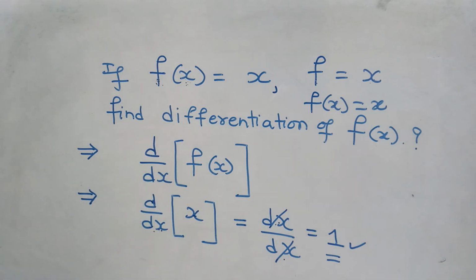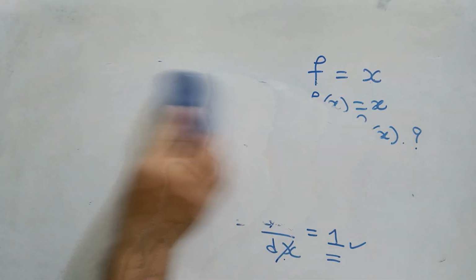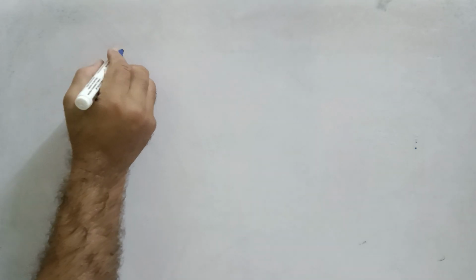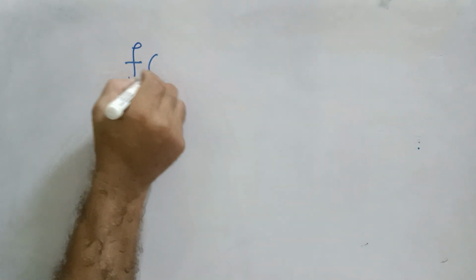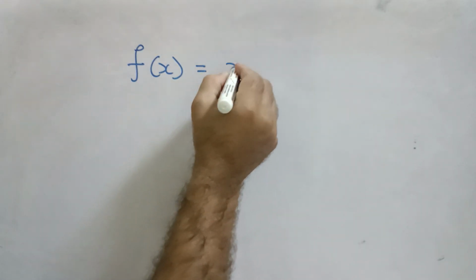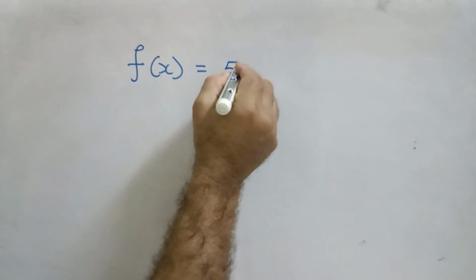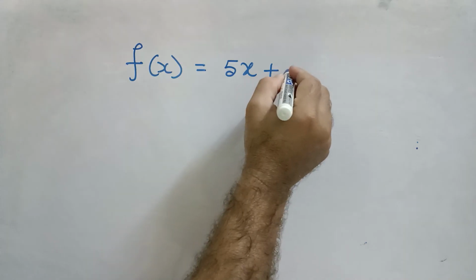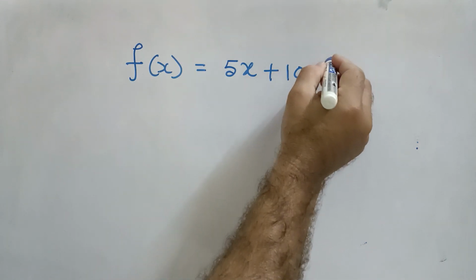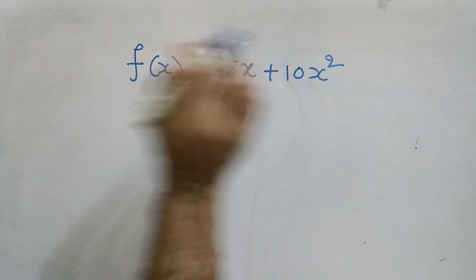Similarly, I will explain another simple example. Let us consider f of x is equal to, say for example, 5x plus 10x square is given.